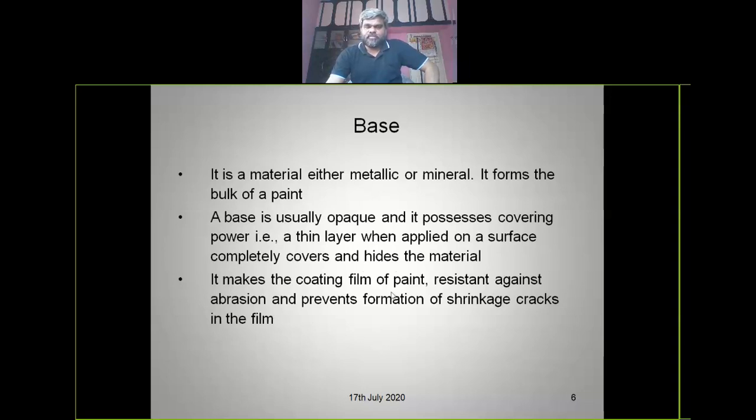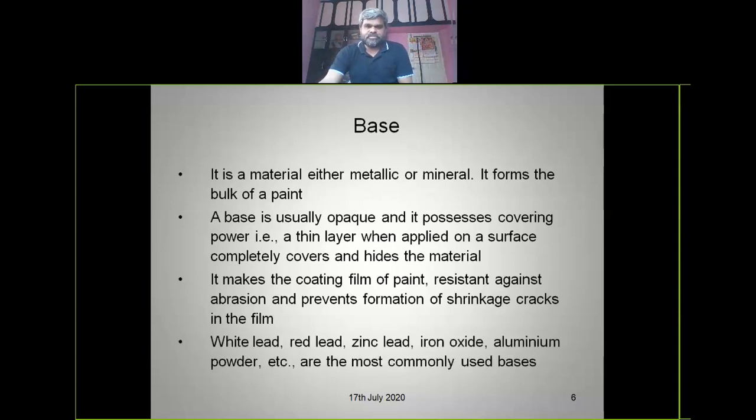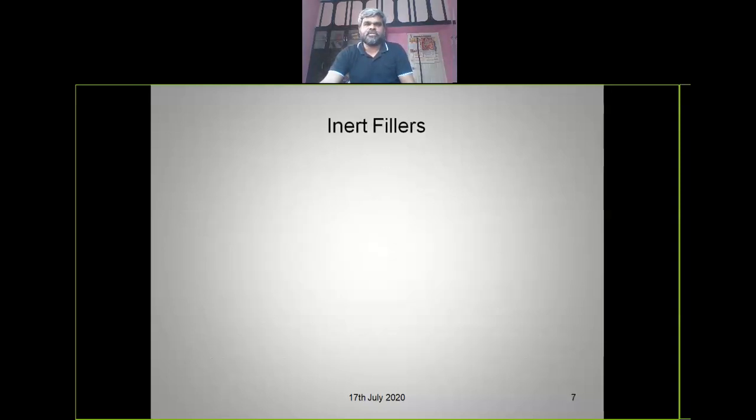It makes the coating film of paint resistant against abrasion and prevents formation of shrinkage cracks in the film. So base is the main material which is directly applied to the surface. Examples: white lead, red lead, zinc lead, iron oxide, aluminum powder. These are the common bases.